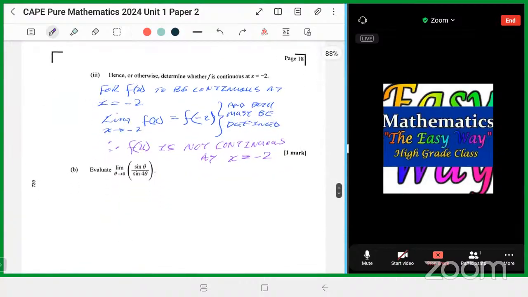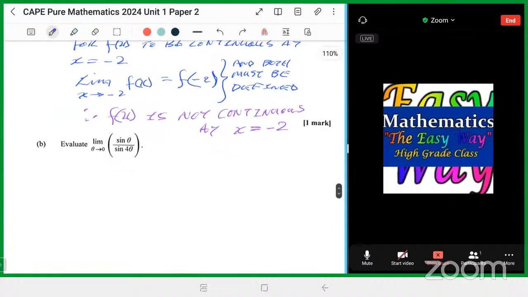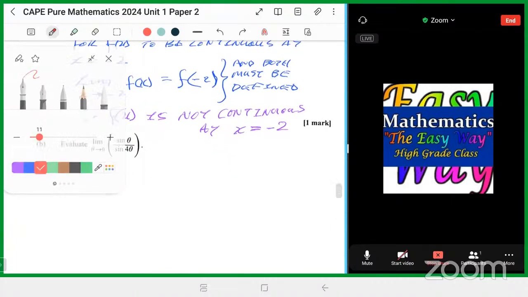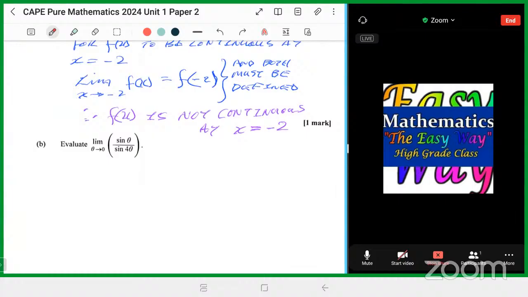All right, this one, I want us to evaluate that limit. So for this one, we're going to use the rule or the identity that the limit as x approaches 0 of sine of some function of x over the same function of x is equal to 1.